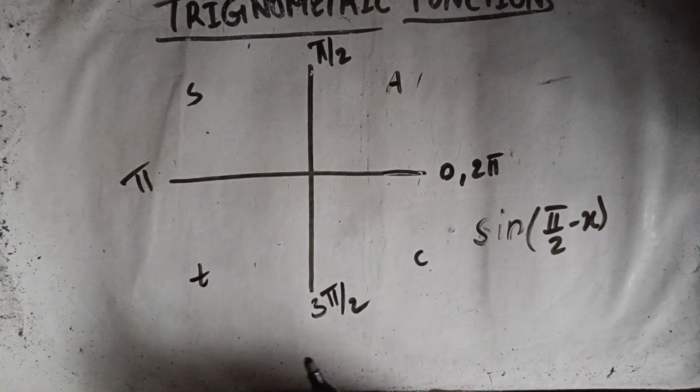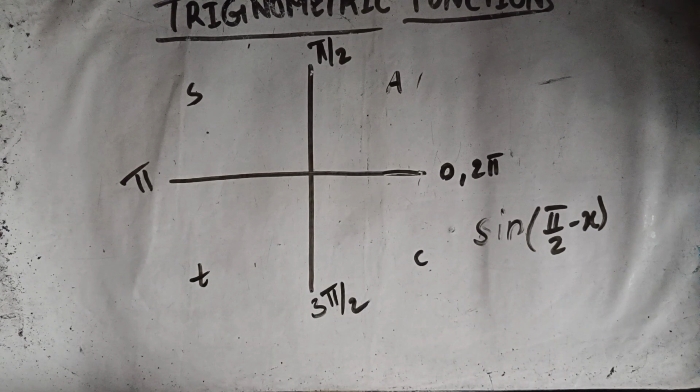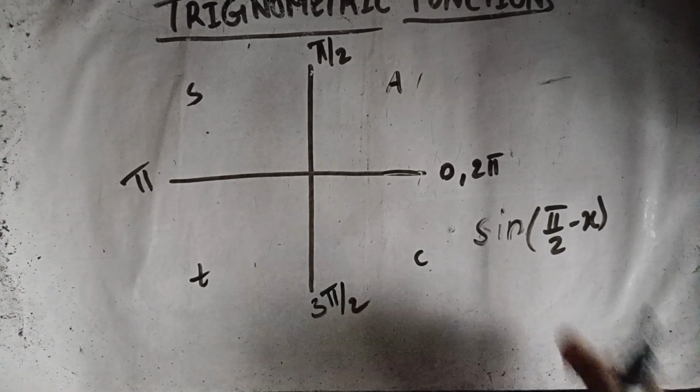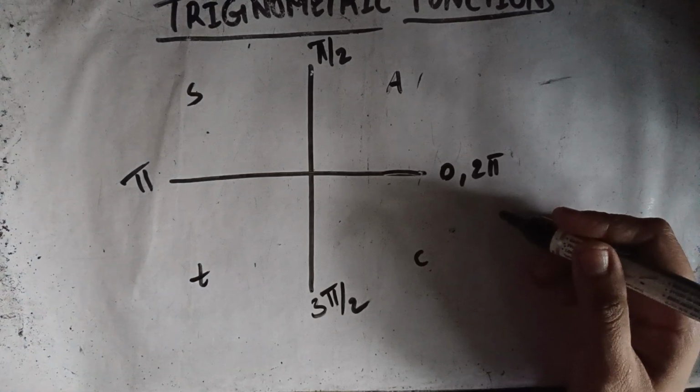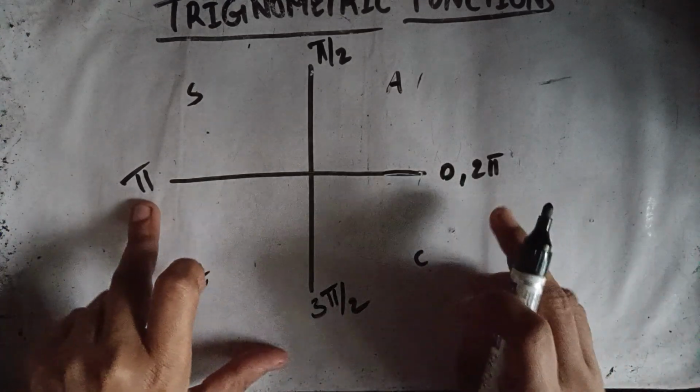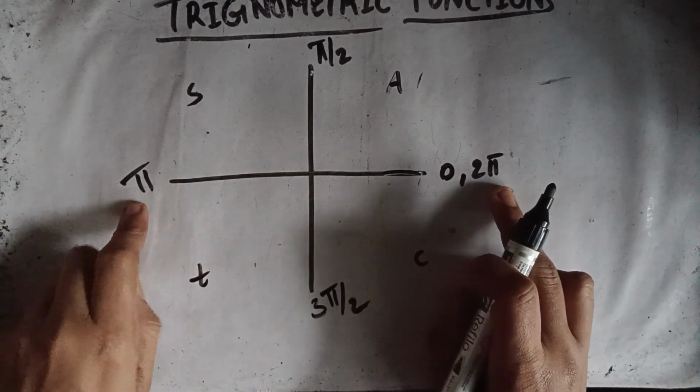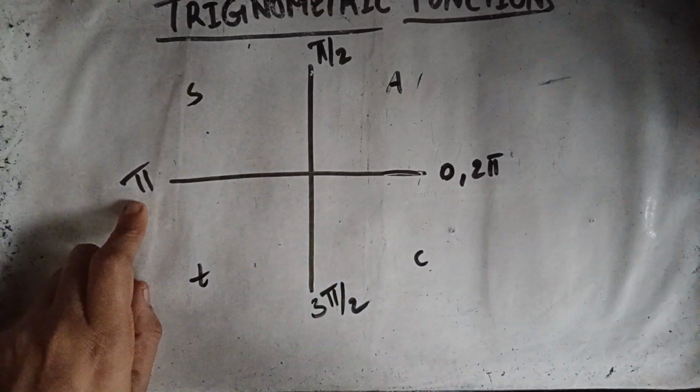It falls here. Now, one thing you should remember, there is a shortcut to write. Whenever you have 0 to pi and pi, we take transformations.